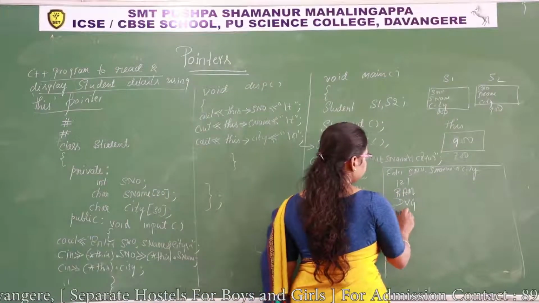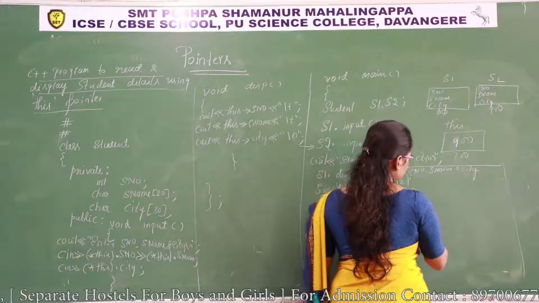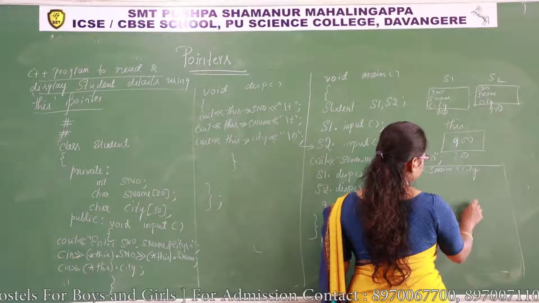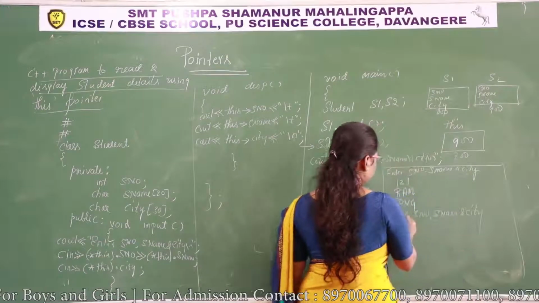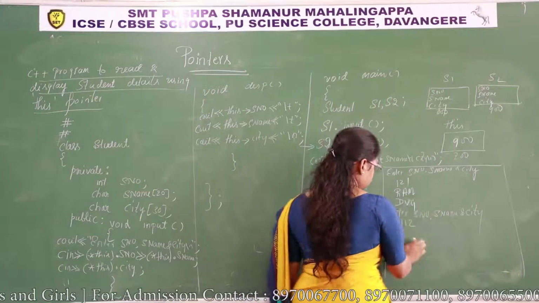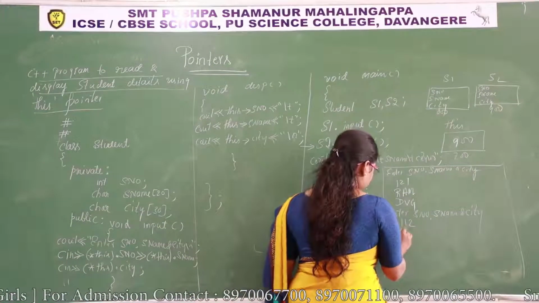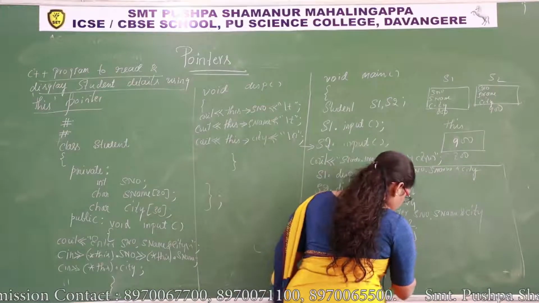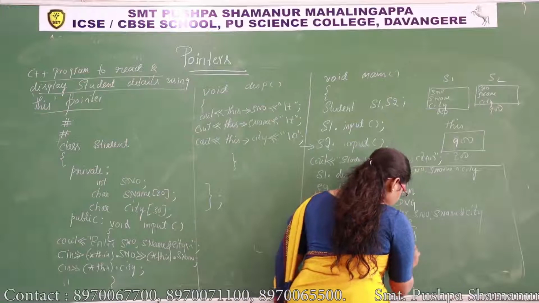Again enter SNO, name and city. 112 here, Raj, Bangalore.